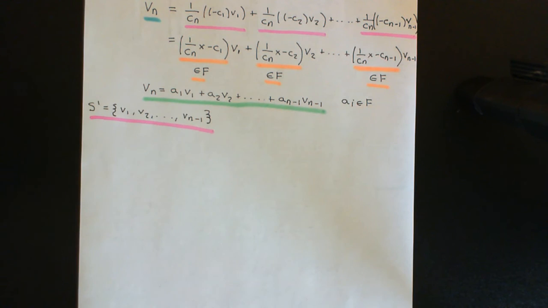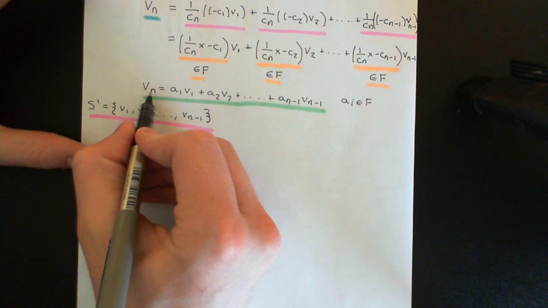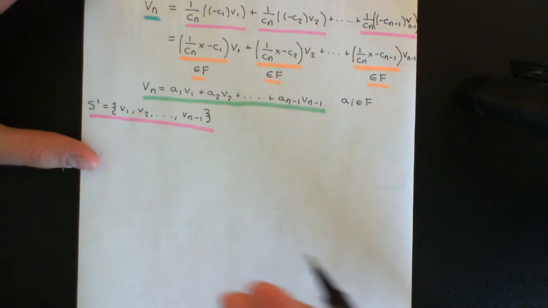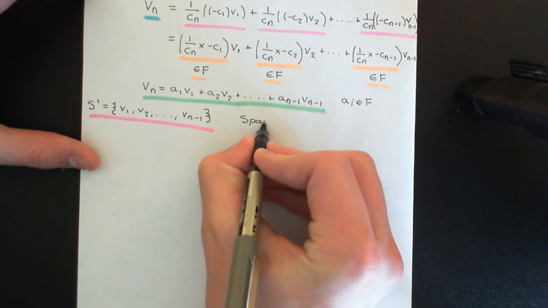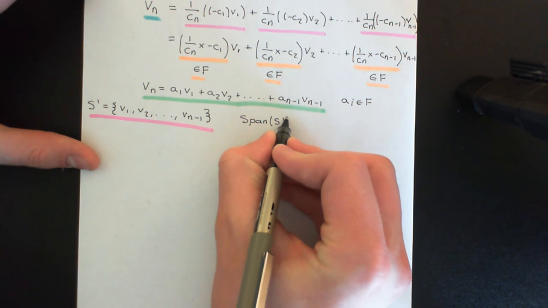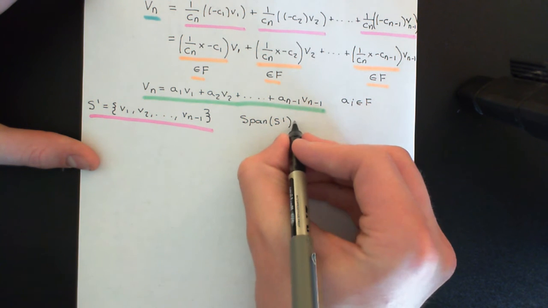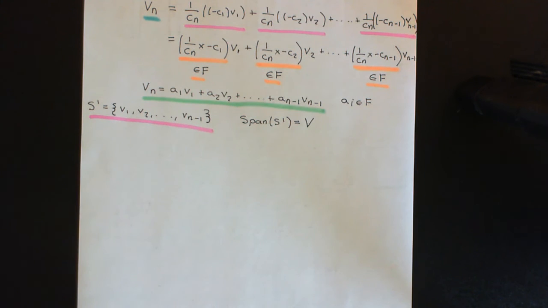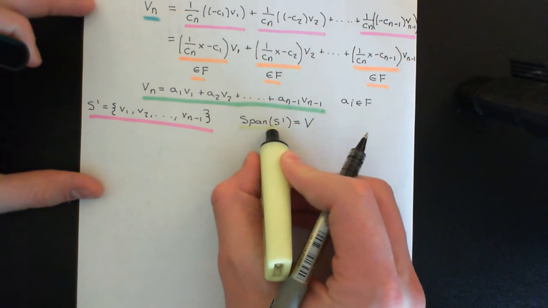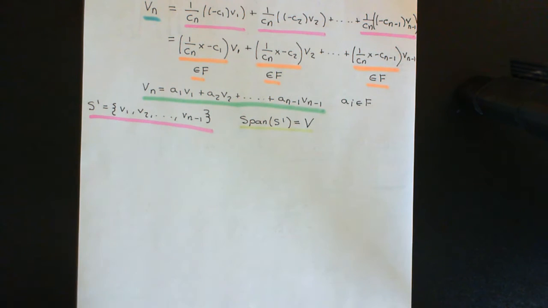So I claim that we don't need this vector in the set in order for the set of vectors to span the entire vector space. So my claim, and this isn't proven yet, but we're about to prove it, is that span of S prime is still equal to the entire vector space. So I claim we haven't lost any span by removing the vector Vn from the set.